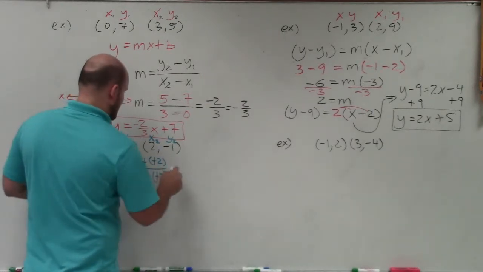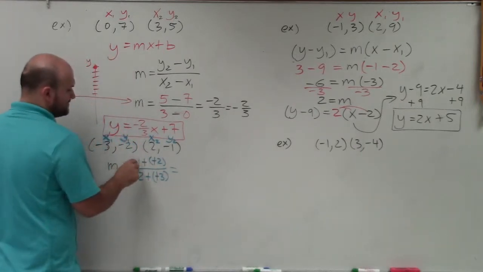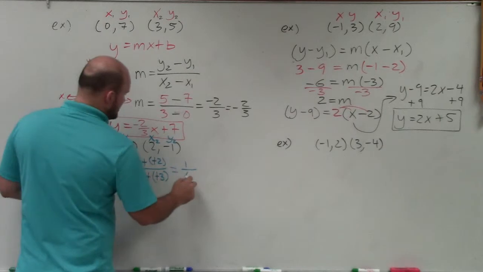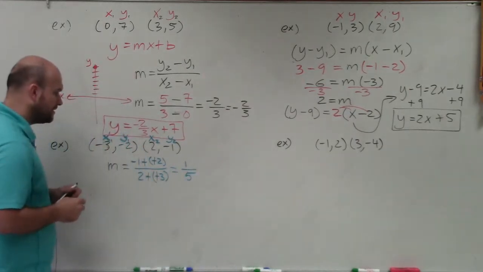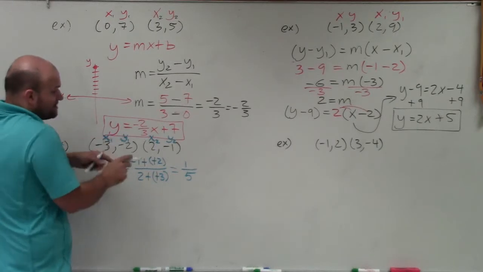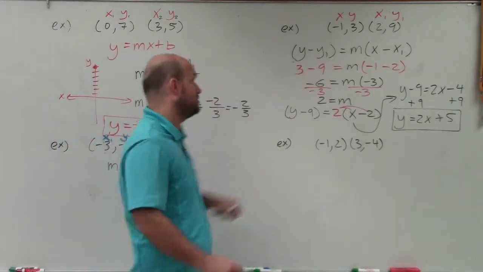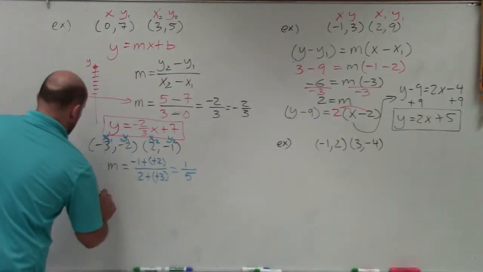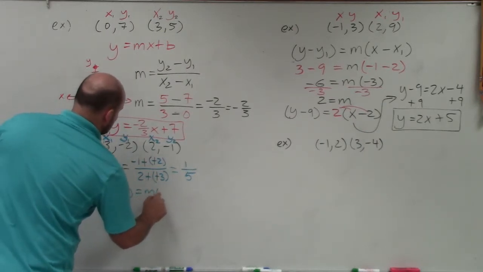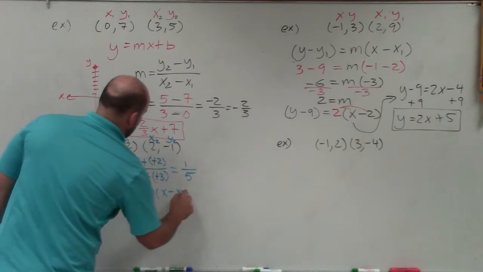So therefore, when I simplify, I basically have negative 2 plus 2, which is 1, and then 2 plus 3, which is 5. Okay? So now I have my slope. I also have a point. So I'm going to use my point-slope form again and say y minus y1 equals m times x minus x1.